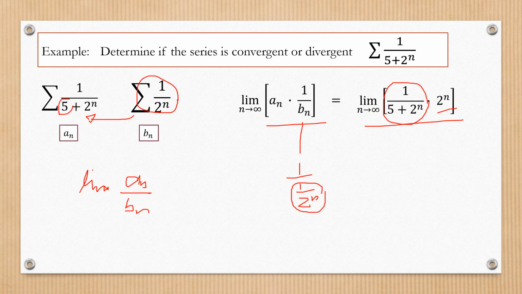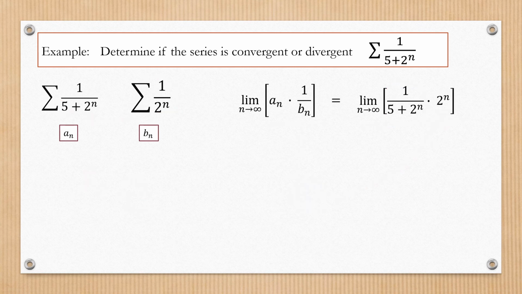Then let us simplify this one. That is equivalent to 2 raised to n over 5 plus 2 raised to n. And then, to get the limit, we know that as n approaches positive infinity, the limit of this entire given fraction is equal to 1.